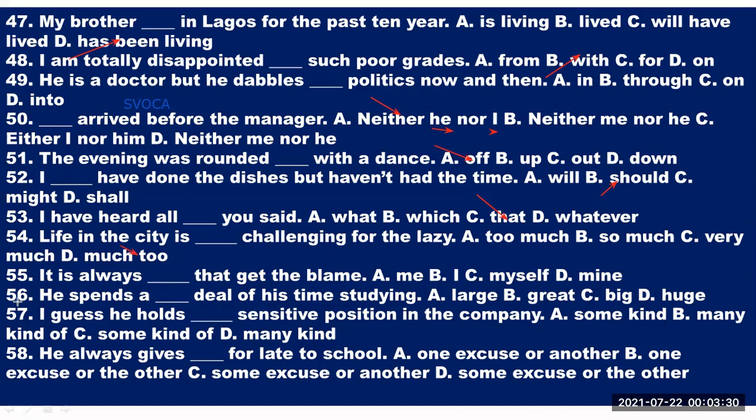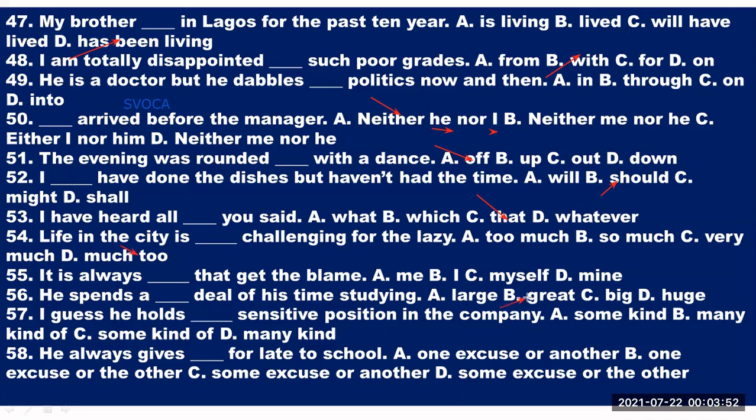Now, number 56, he spends a dash deal of his time studying. Well, a large deal is not common. You don't often hear people talking of a large deal. Option B is common.